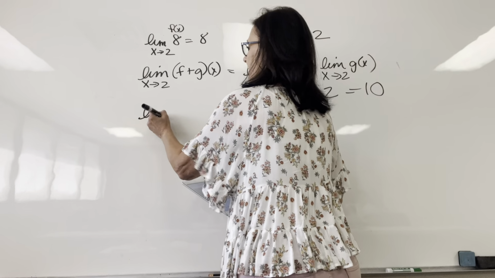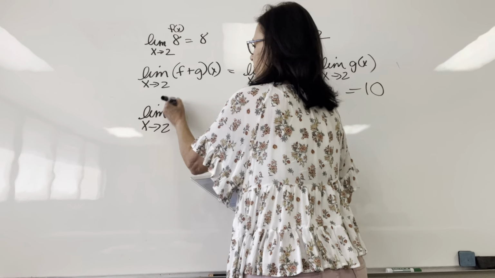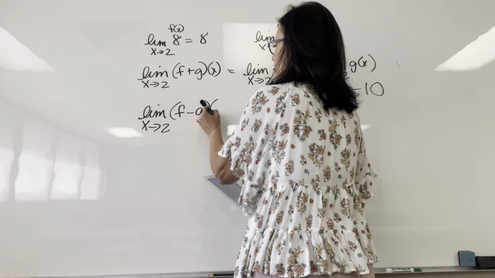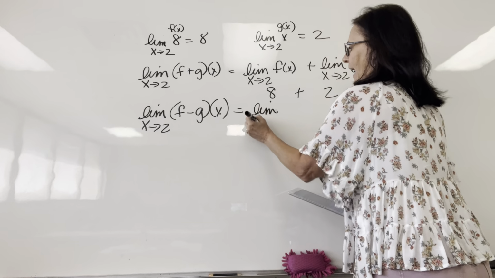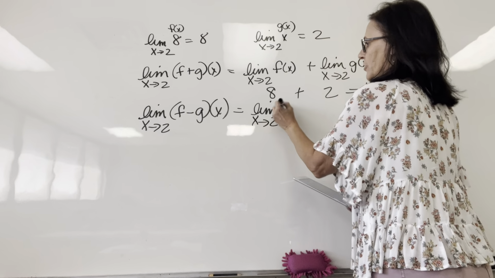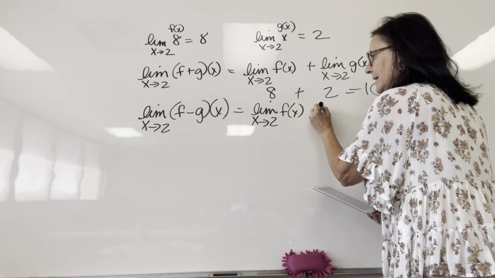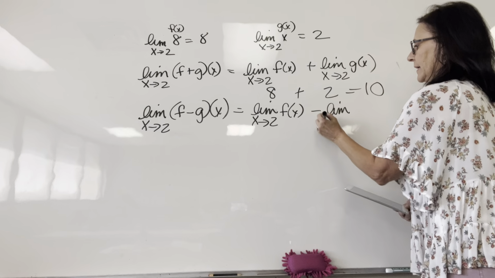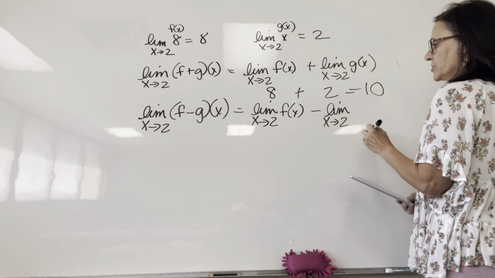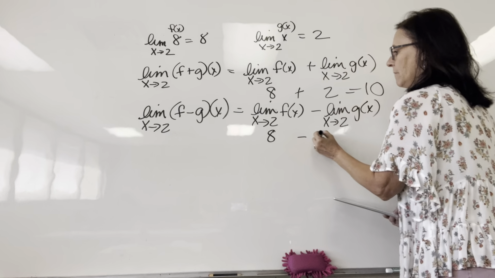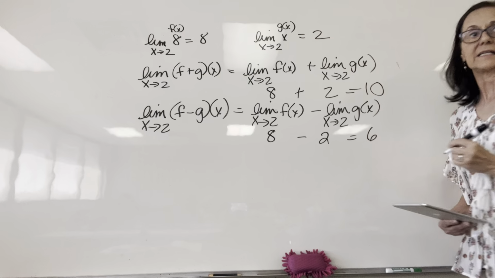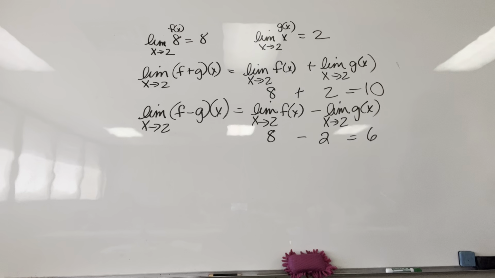So the limit as x approaches 2 of f minus g of x is the same thing as the limit as x approaches 2 of f of x minus the limit as x approaches 2 of g of x, which would be 8 minus 2, which is 6. Does that make sense so far?